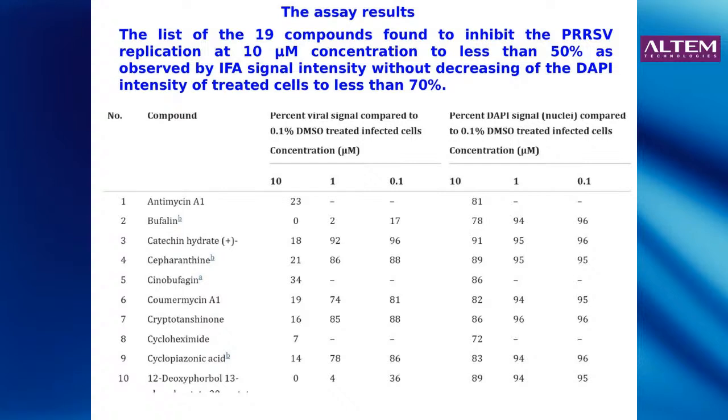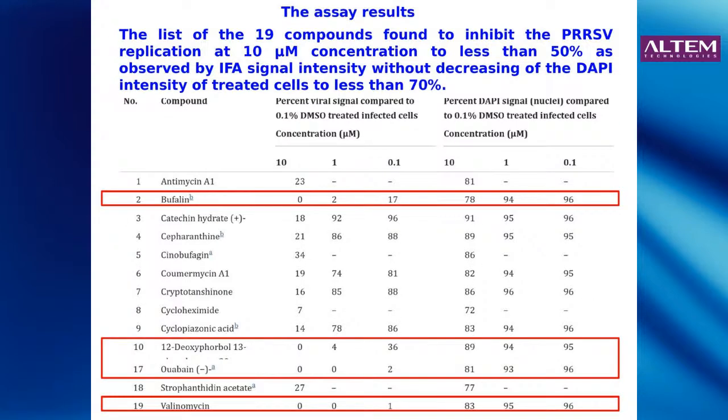So it was having a good safety profile at the cellular level, as well as it had a good inhibition potential for the replication of the virus. So in our studies, we were able to identify 4 such compounds. So the first one is bufalin, which is a steroid molecule, and a phorbol ester, and ouabain, and valinomycin. Valinomycin is an ionophore. So all these 4 compounds had a good inhibition at 0.1 micromolar concentration.